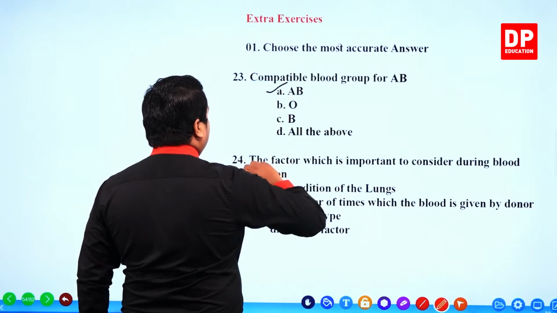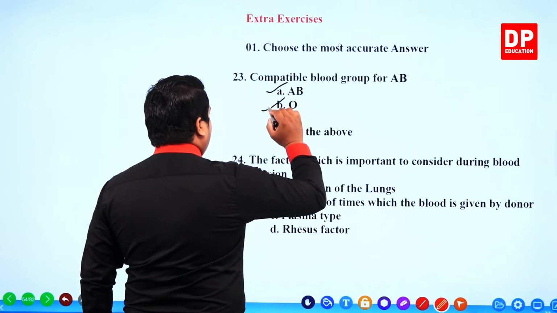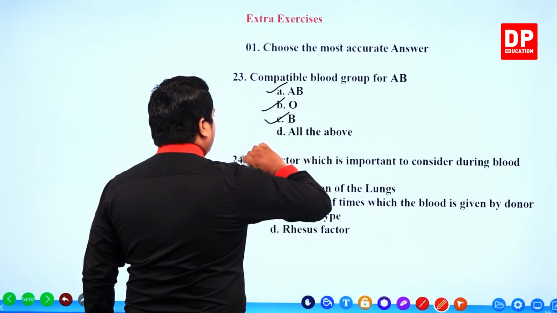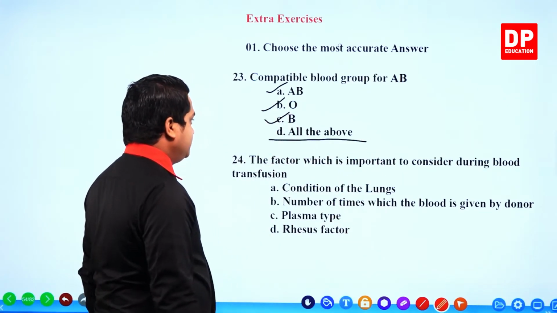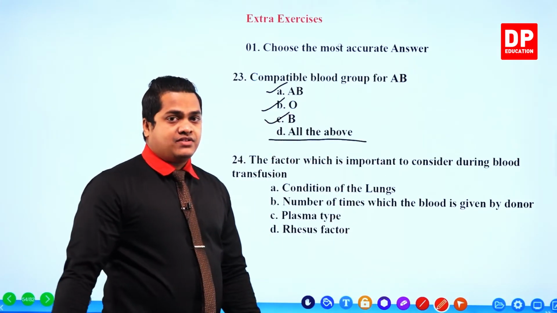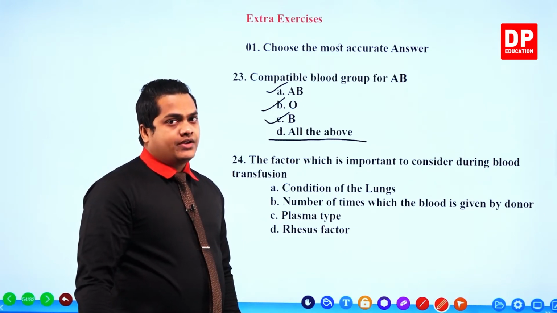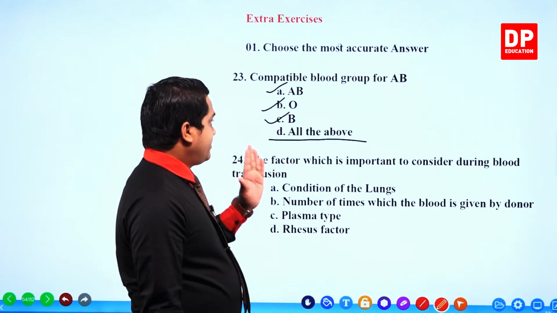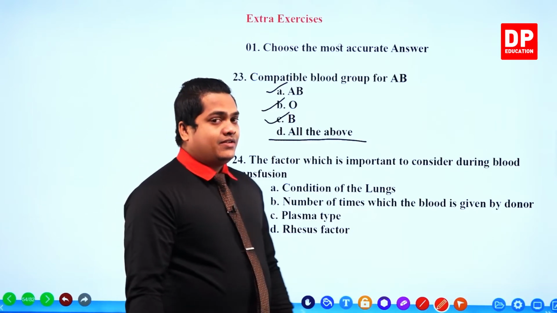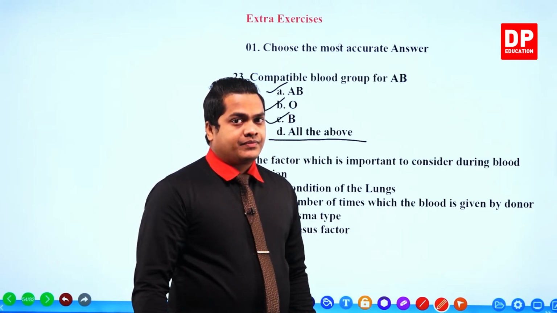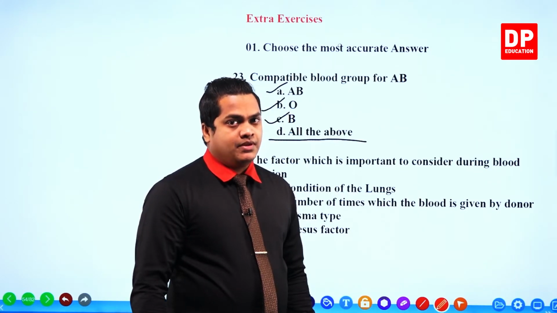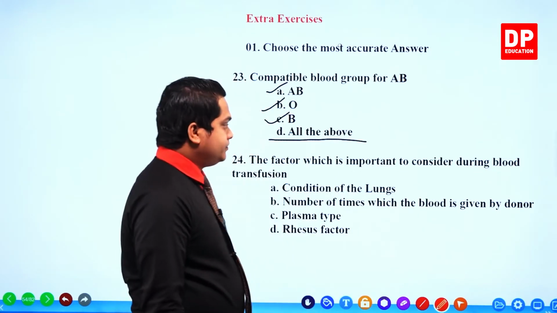From AB, from O, and from B. So therefore, all the above. AB can receive blood from all the groups in these categories. So every blood group is compatible with AB group.